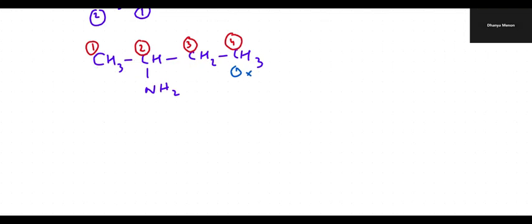All these rules were explained in the previous video. So the name of this: there are 4 carbon atoms, so it is butane.